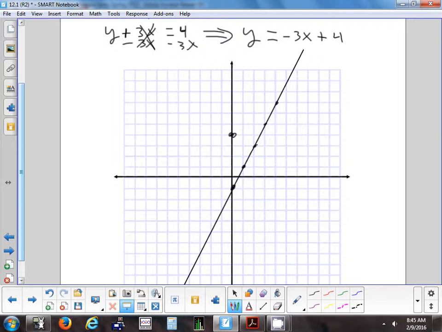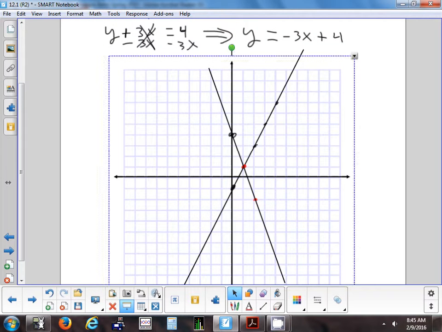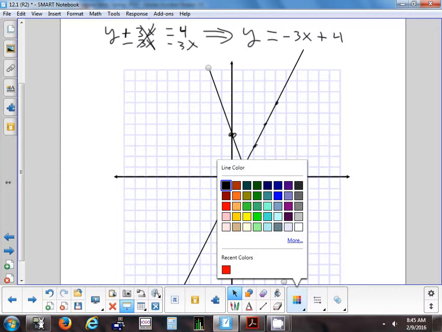Down 3, and then right 1. Look at that. I think we already found where they cross. Down 3, right 1. That's where they cross. It doesn't always happen, but it's nice when it does. Since I already know where they cross, I'm not as worried about how careful I am with the second line, because I already have my answer.